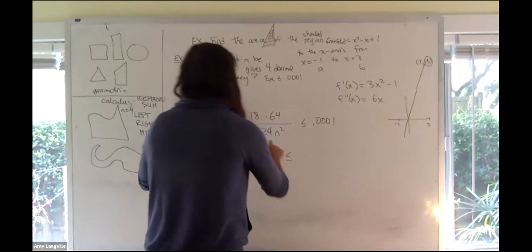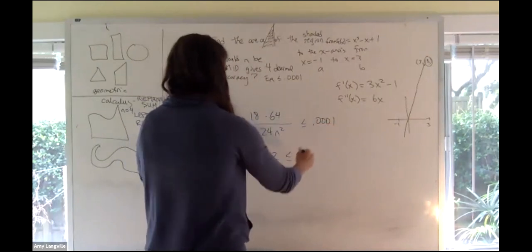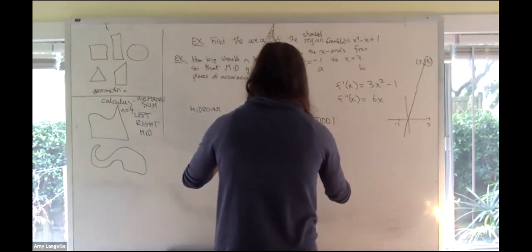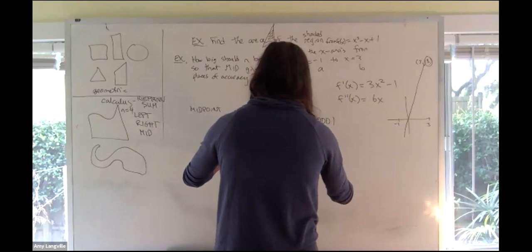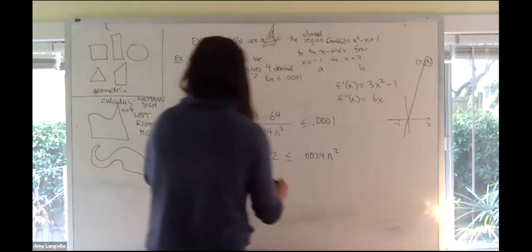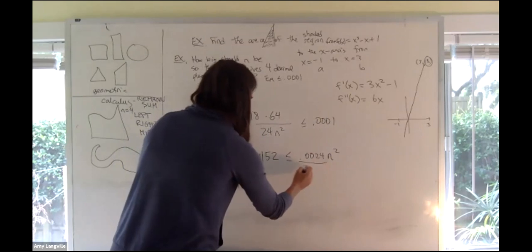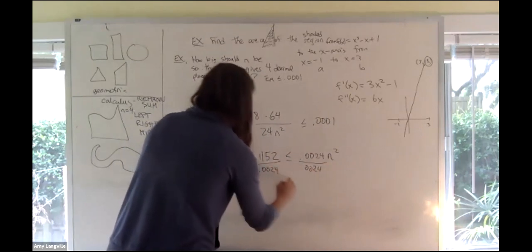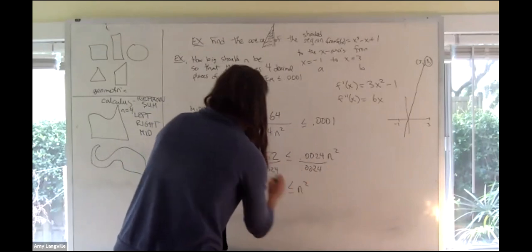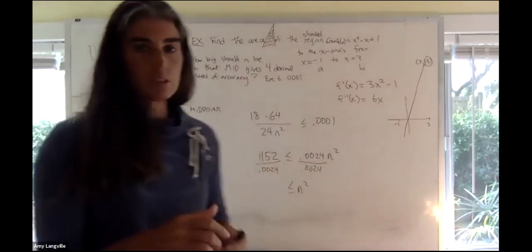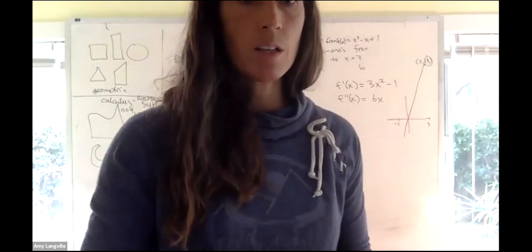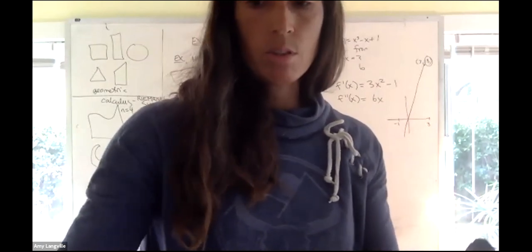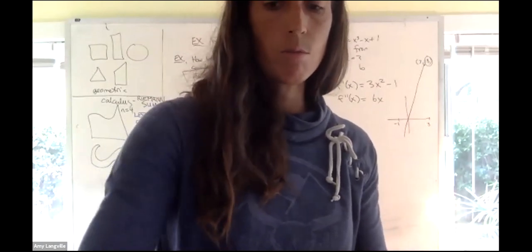And then let's multiply both sides by 24n squared, and so we'll get 0.0024 n squared. Divide both sides by the 0.0024. So we have n squared, and then this fraction over here, 1152 divided by 0.0024.